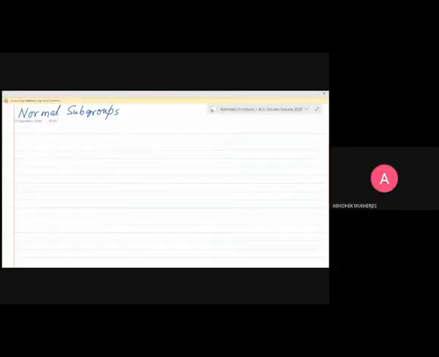So today we shall explore some important facts on normal subgroups of a group, and we will see that these normal subgroups play an important role in the theory of groups.